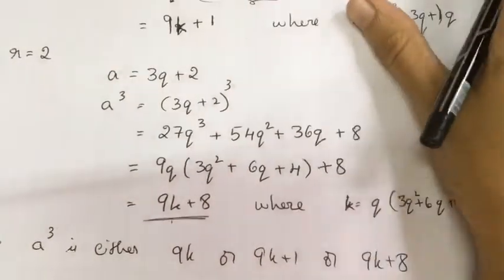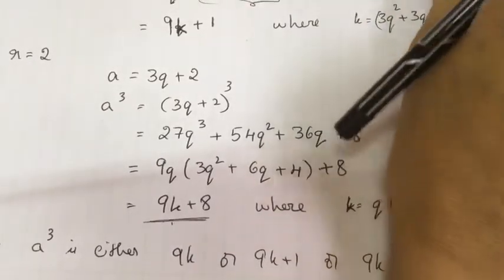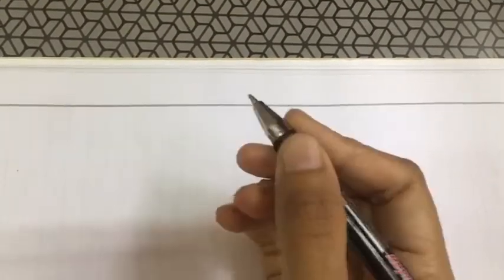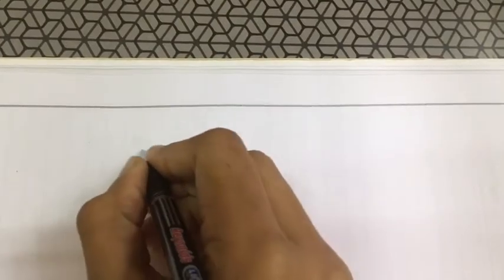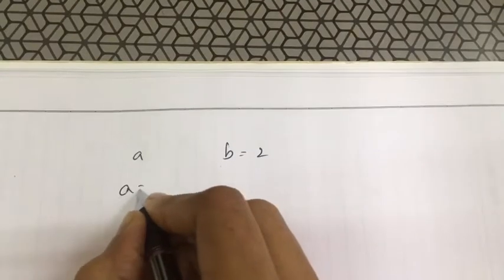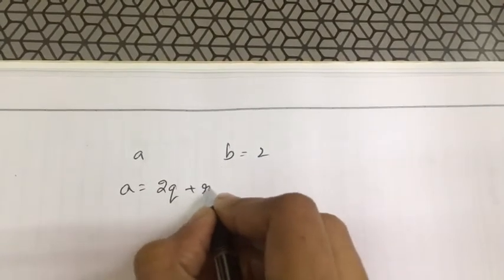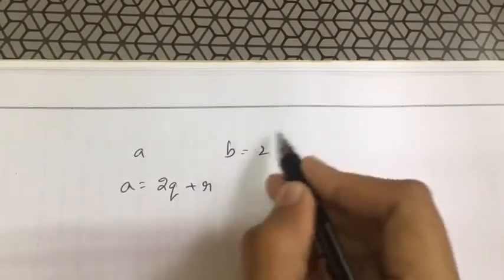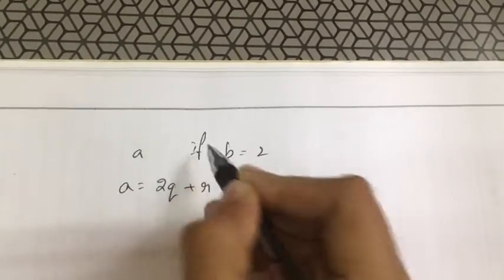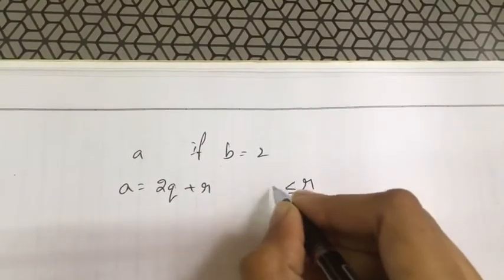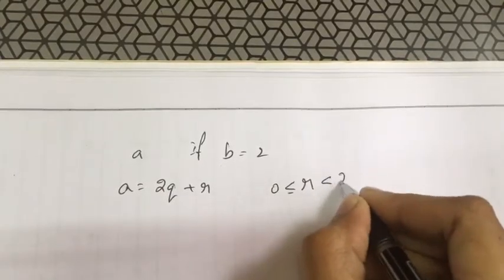Now the question is, how do I get the idea of choosing b equal to 3? Suppose you choose b equal to 2 for any integer a. Then a is 2q plus r, right? b can be any integer greater than 0, right? So if you choose b equal to 2, then a equals 2q plus r, and the boundary for r is greater than or equal to 0 and less than 2.